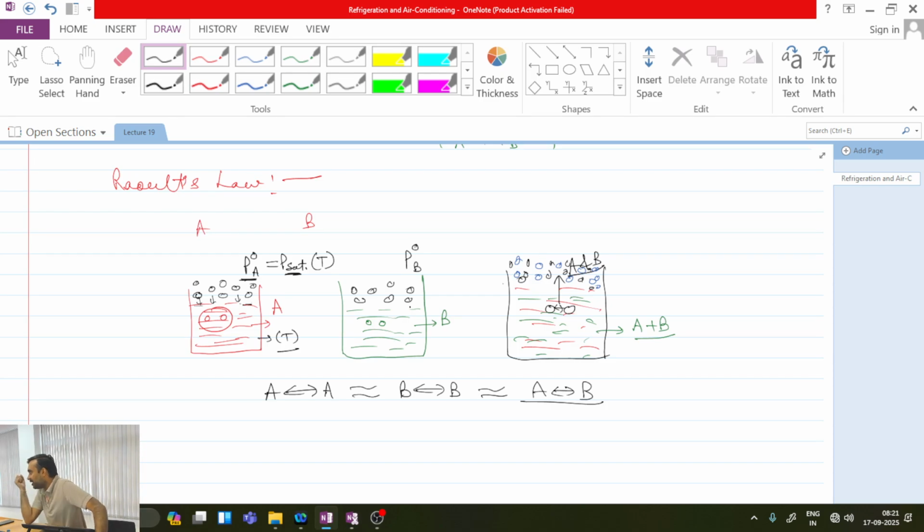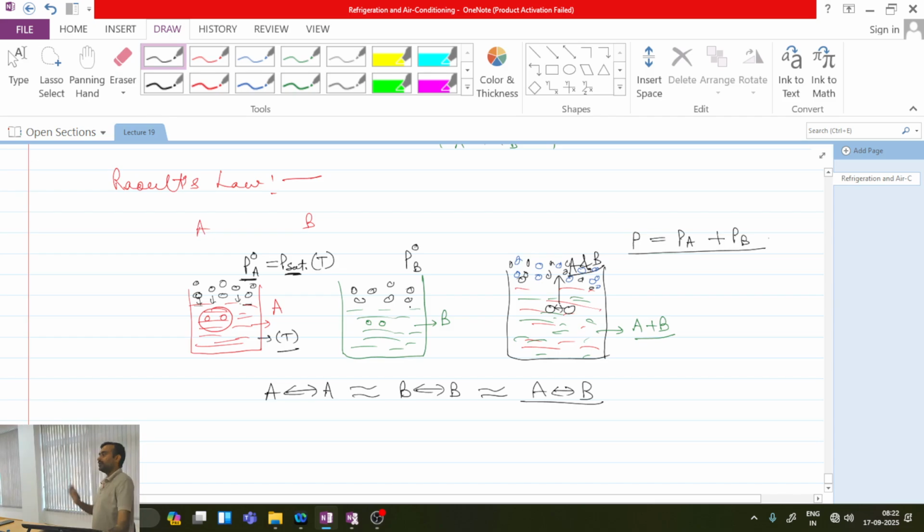So if the intermolecular interactions are the same, then in the vapor medium I will have the presence of both molecules. Is this one clear? So it means that in this scenario, the total pressure acting on this mixture liquid will be the sum of the partial pressure of A plus the partial pressure of B. All of you agree to this point?